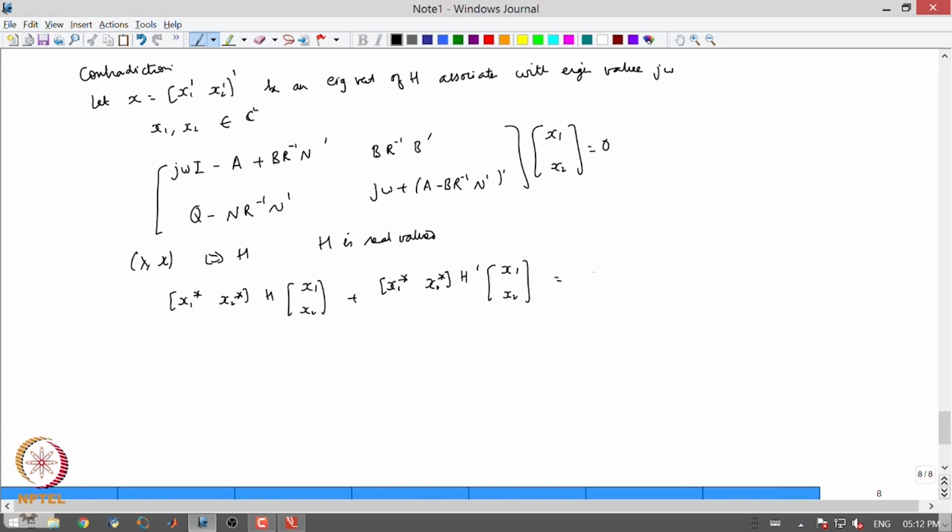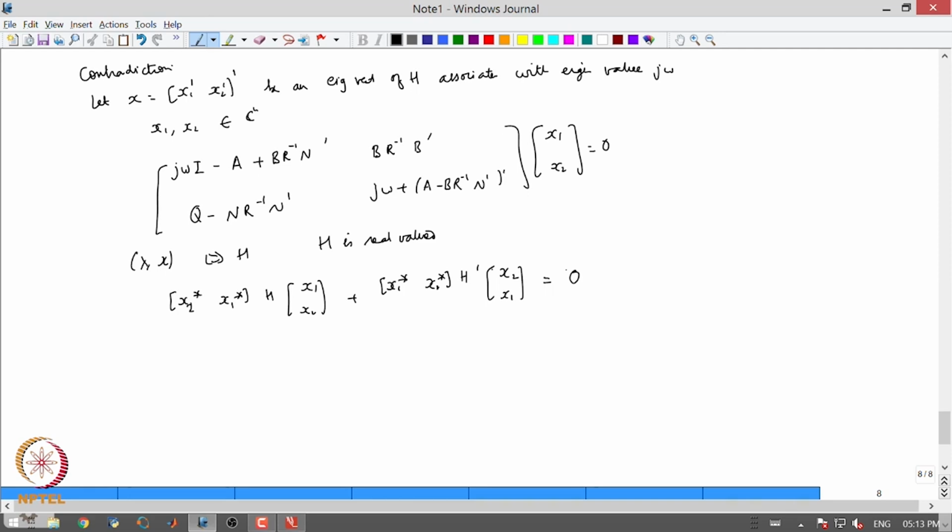This I can rewrite in this form, where the transposition takes this form, and the stars denote the complex conjugate. Okay, I'll skip the steps, but it is easy to check that this will equate to 0.